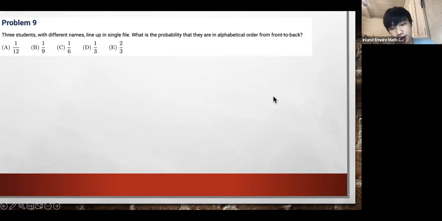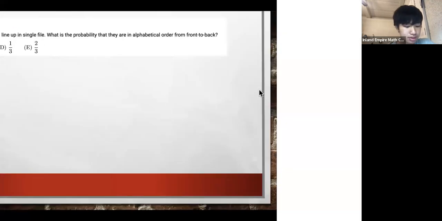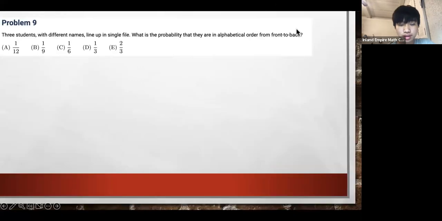Zena says 1/12. Ricky says it's B. Do you guys have any ideas for how to approach this kind of question? What sort of starting point should we go towards?